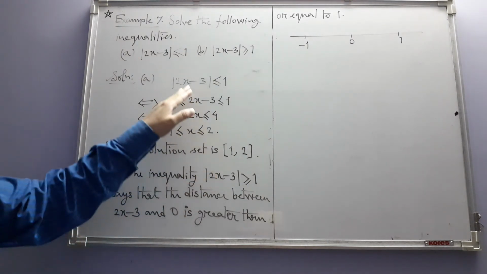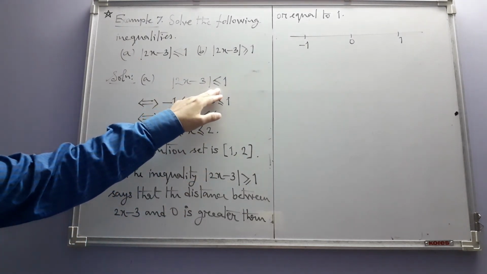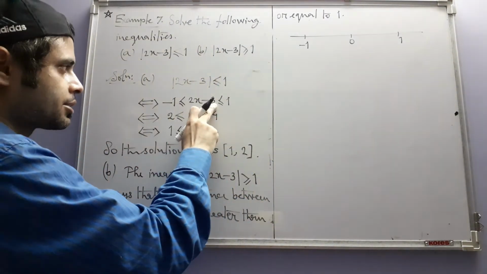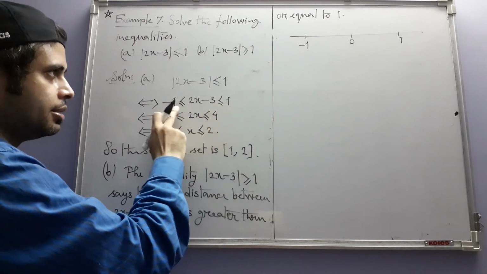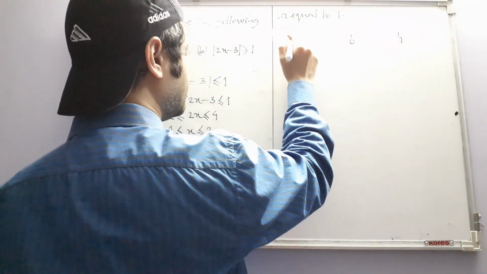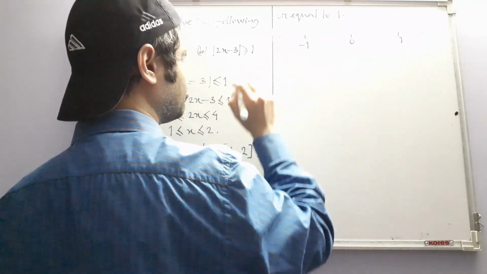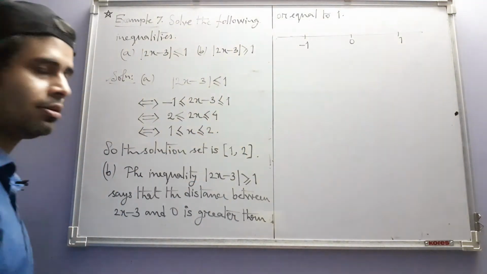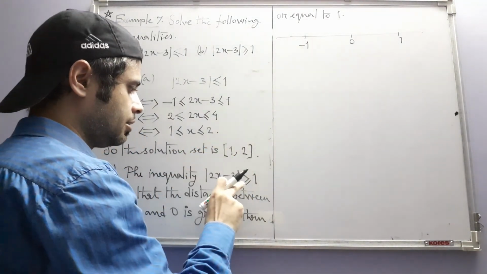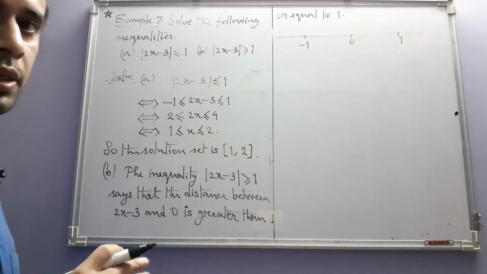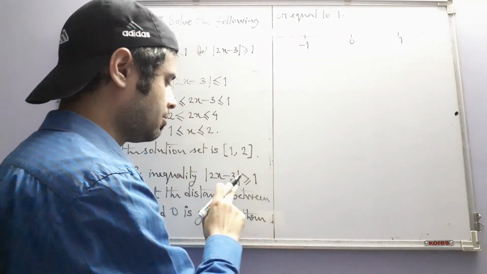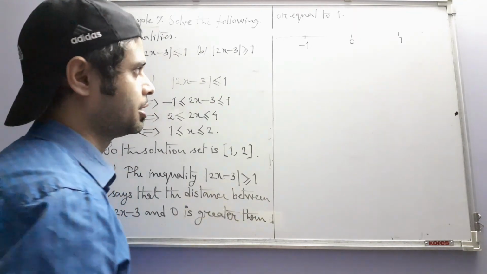Now the inequality is exactly opposite to what we had here. So that means 2x minus 3 will not lie in this interval, it will lie outside. It will either lie to the left of minus 1 or to the right of 1, including, of course, because it's greater than or equal to 1, that equality provision is there. So minus 1 and 1 can also be taken by 2x minus 3.